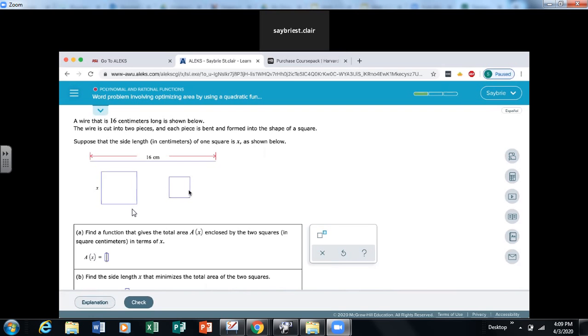Okay, so we got x2 squares. So 16. Alright, so this is a weird one where you have one square that's x by x, and then the other square is 16 minus x, because that's what's going to be remaining of that piece left.